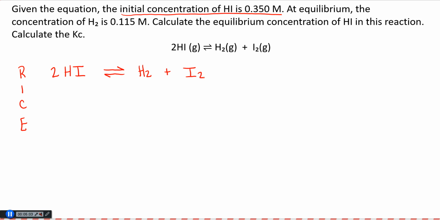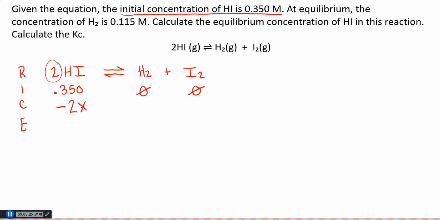So the initial concentration of hydrogen iodide gas is 0.350 molar. And again, unless it says otherwise, we're always going to assume that the initial concentration of our products is 0. Reactants are going to decrease in concentration, and we want to pull down that coefficient.